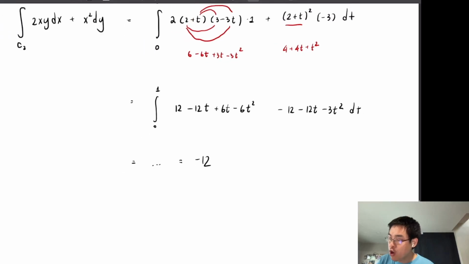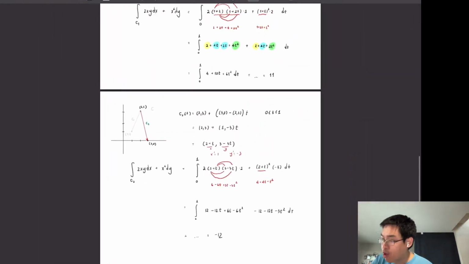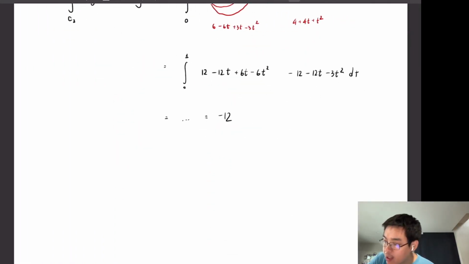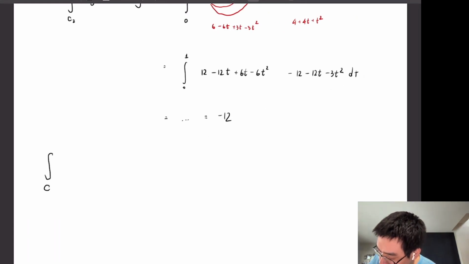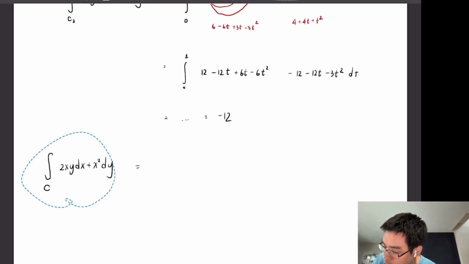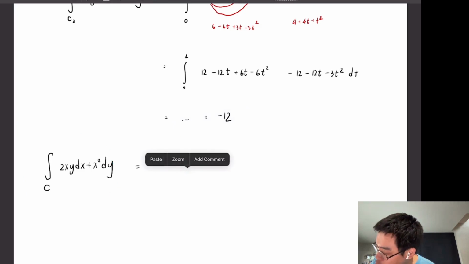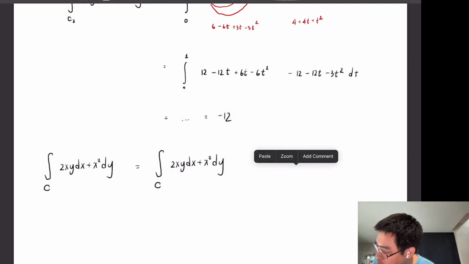All right, so now we did both sub-problems, right? We did C1, the answer is 11. We did C2, the answer is minus 12. So for C in total, the integration over C of xy dx plus x squared dy would be the same as you do the same thing for C1, and then you do the same thing for C2.